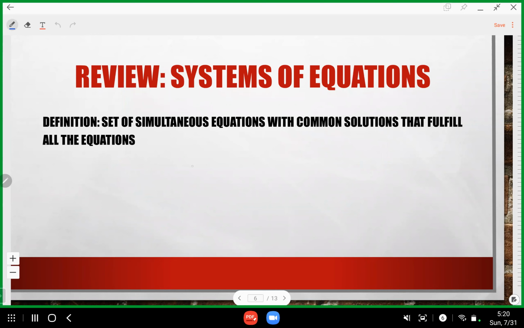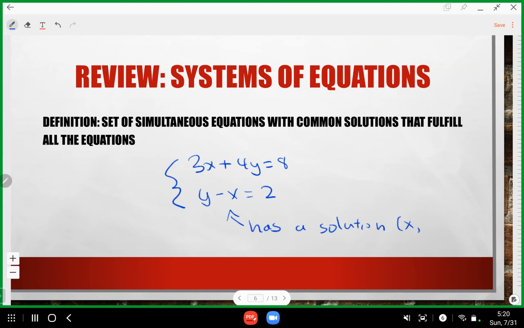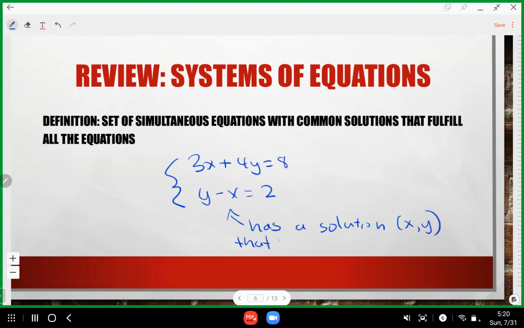So if you have something like this, we're going to have to find as a solution x, y that is true for both equations, right? So that's pretty self-explanatory.